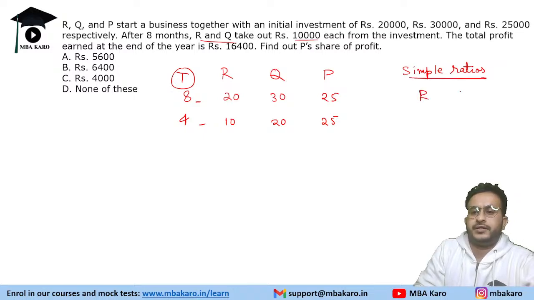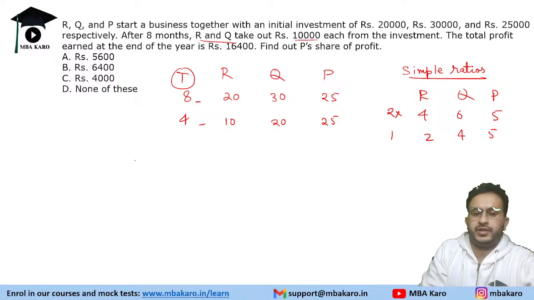So R, Q, and P: 4, 6, and 5. This is twice the time period, this is once. So 2, 4, and 5. So the ratios will be 8, 12, and 10, and the second part will be 2 plus 4 plus 5.